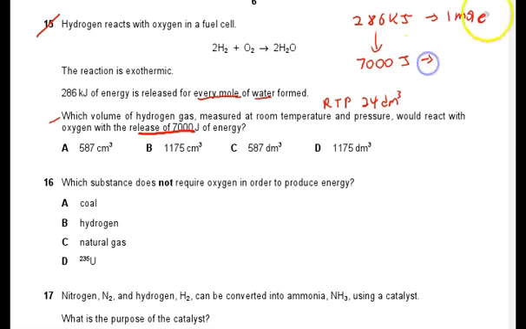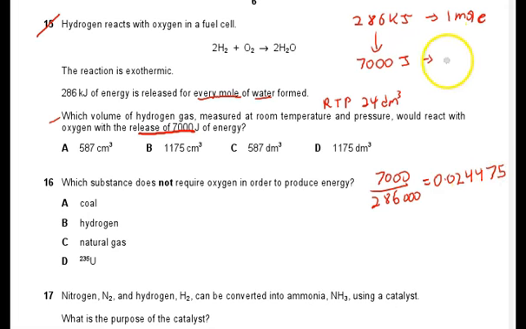To find the mole, we just have to divide this. 7000 divided by 286,000, and we are getting about 0.024475.